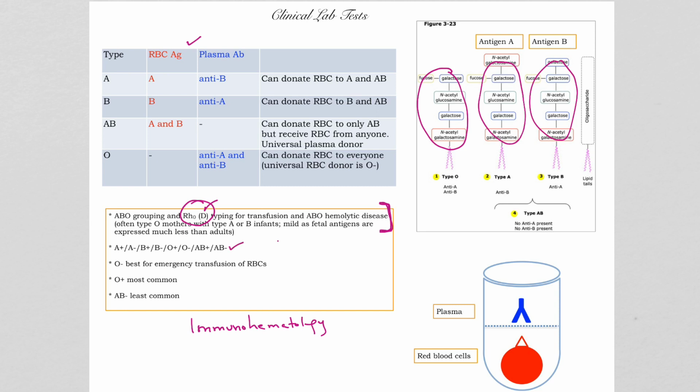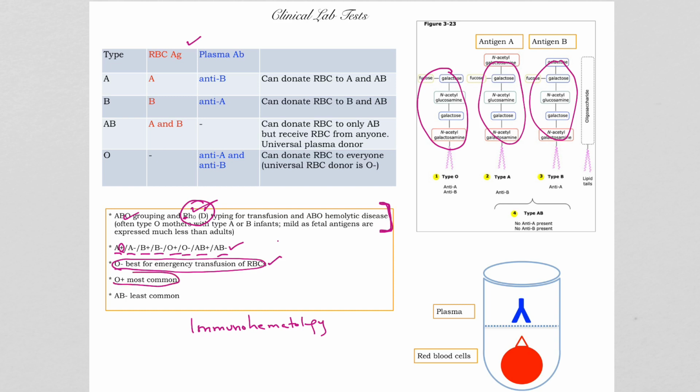If you consider the ABO as well as the D antigen, you can have all kinds of blood typing. A plus means they have the Rh antigen, A minus means A without the Rh antigen. Similarly, B plus, B minus, O plus, O minus, AB plus, AB minus. O minus is best for emergency transfusions of red blood cells because they can donate to anyone.